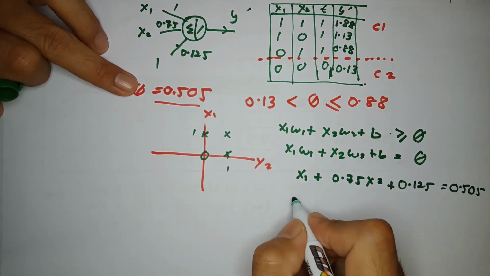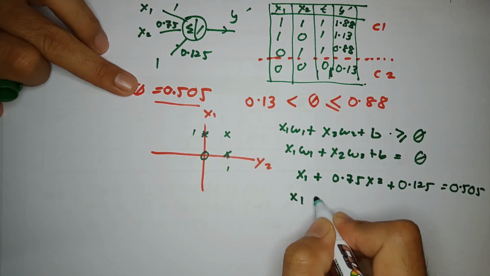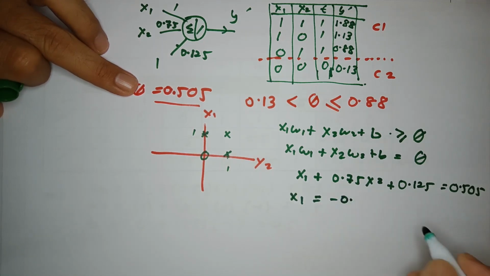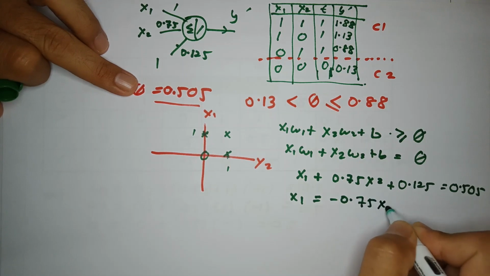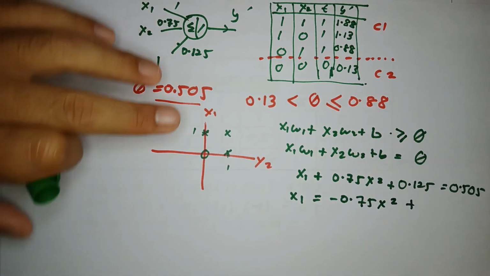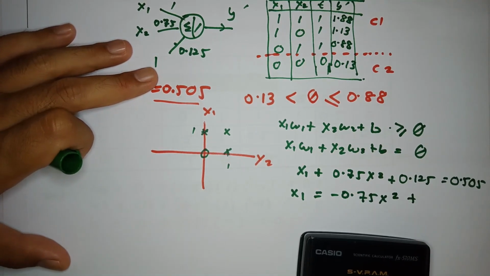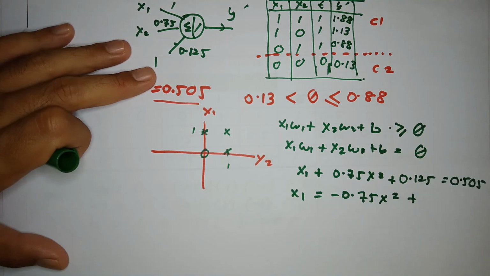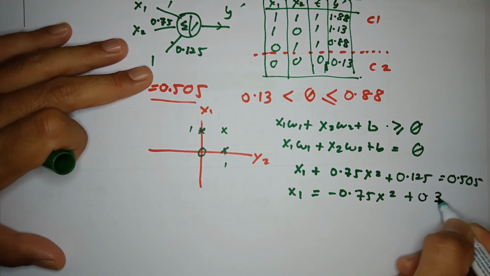So for this case, x1 will be equal to negative 0.75 x2 plus I deduct 0.505 minus 0.125. In this case, we have 0.38.